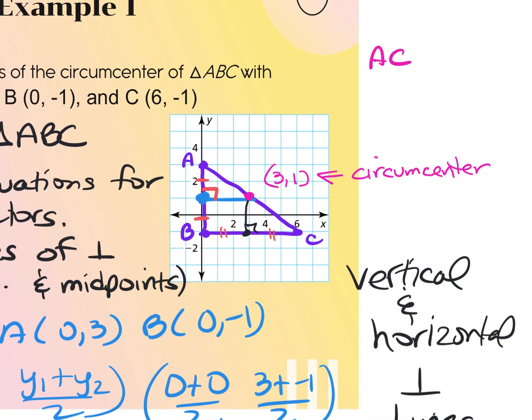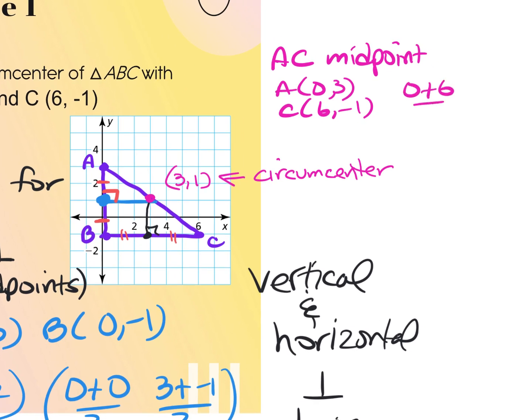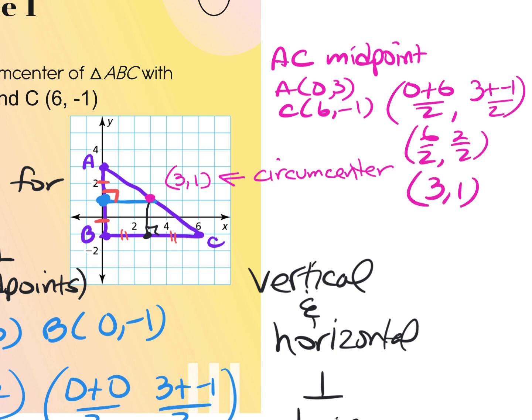So AC's midpoint, which is going to be our circumcenter, A is 0, 3. C is 6, -1. Add your x's, divide by 2. Add your y's, divide by 2. 6 over 2, 2 over 2, 3, 1. And that's your circumcenter.